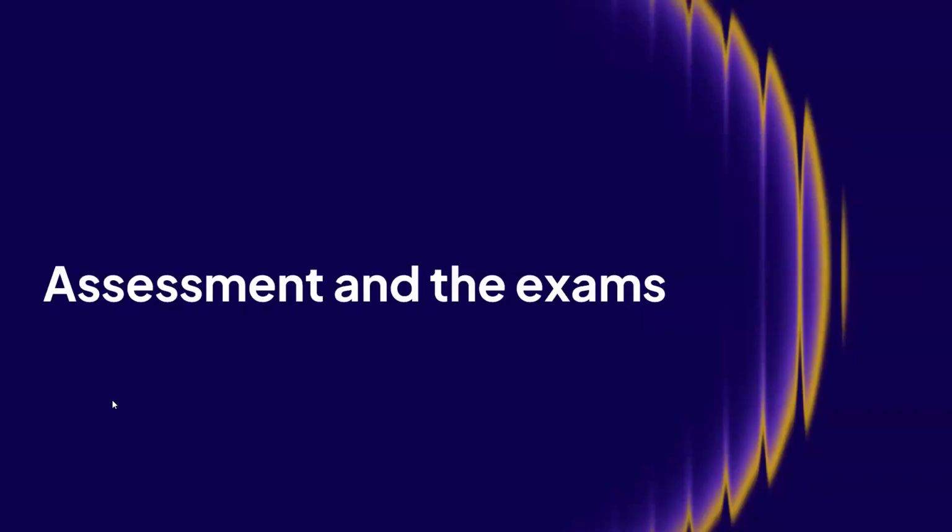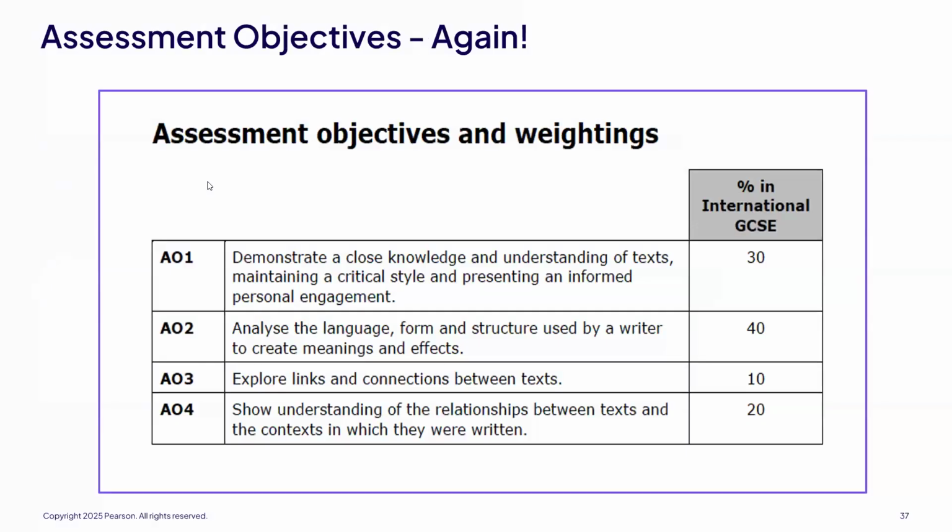We have talked about the assessment objectives, and this is just a quick reminder as we're moving towards looking at the exam papers. We've seen this slide before. It's just a recap of the four assessment objectives that we have for this qualification.